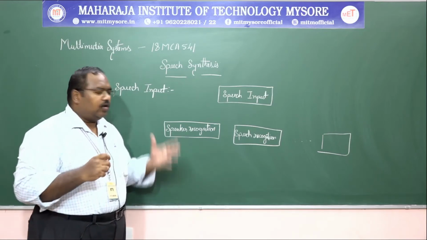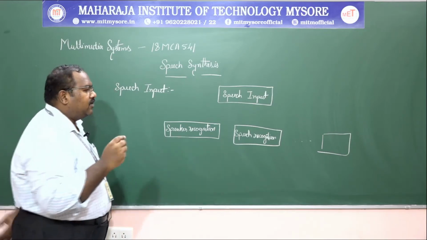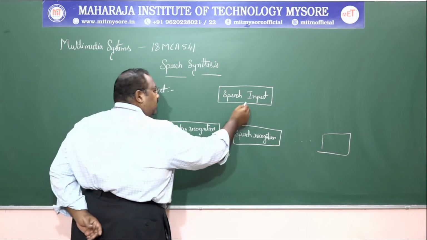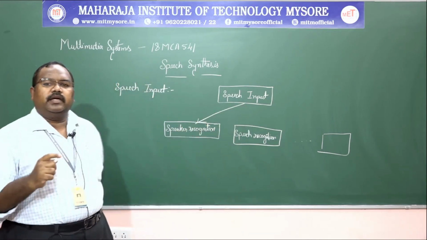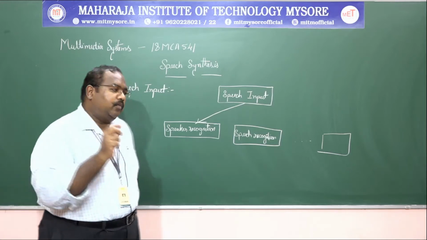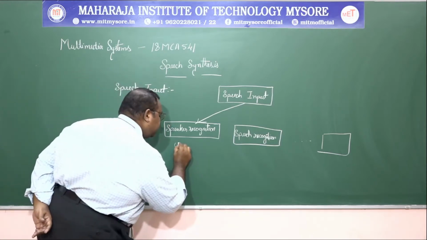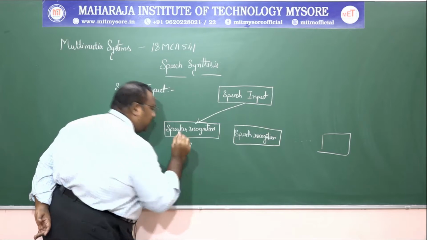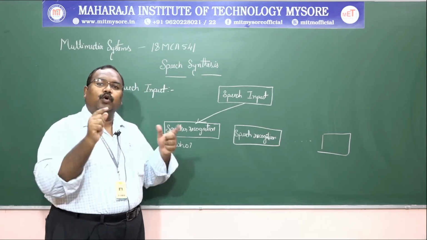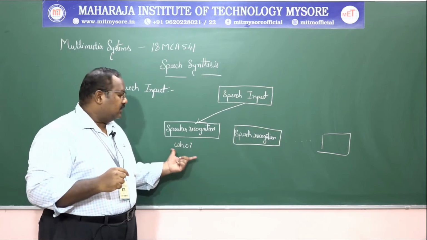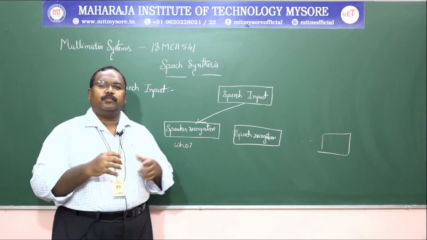Now let us look at the diagram. When we talk about speech input, the first parameter we consider is speaker recognition. Here we are talking about who the speaker is, meaning the person who is talking, we are able to recognize who that person is. How do we do it? This is the first parameter associated with speech input.